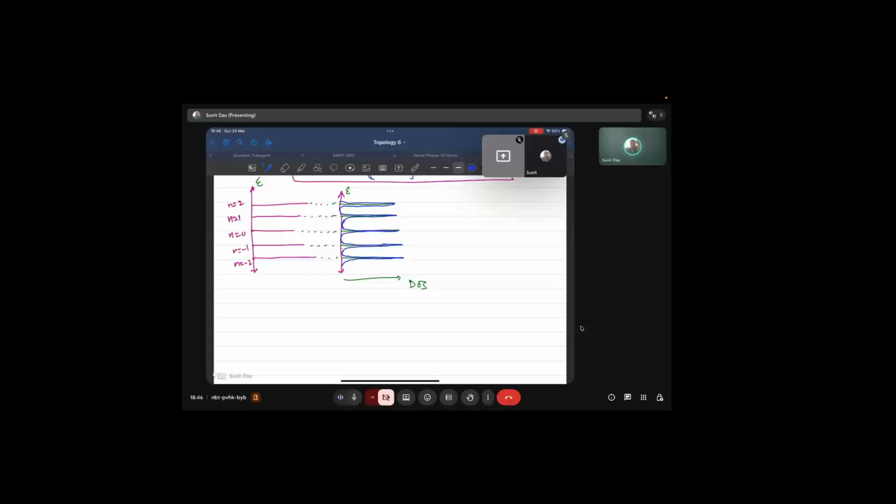So the important point to remember is that there are delocalized states exactly at the energy En, which can be 0, 1, -1, and so on.